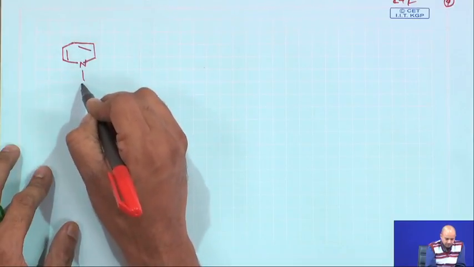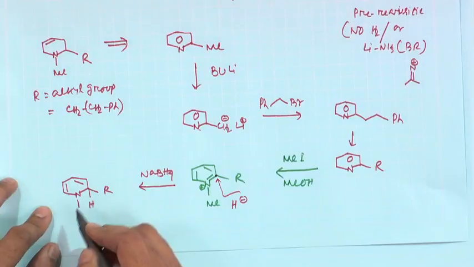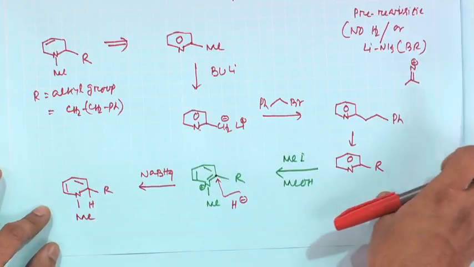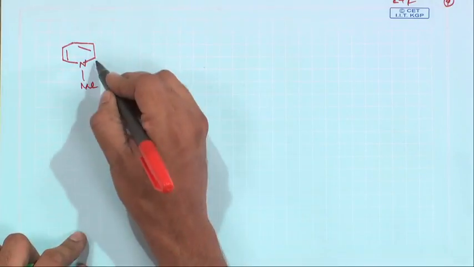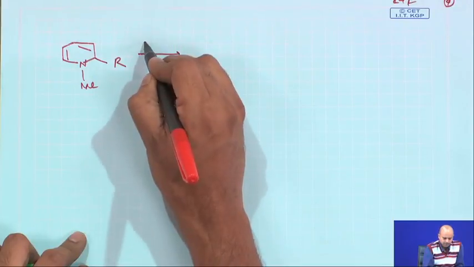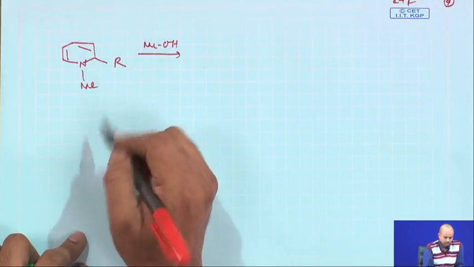Now, see next how you can do it. In the earlier structure, there will be a methyl group. So, now this quaternary methyl becomes a trivalent methyl, your R is here. Now, you have methanol as a solvent, which is also a proton source.